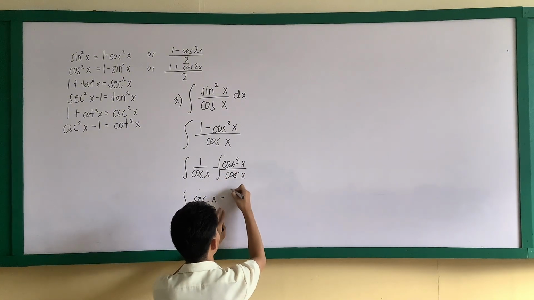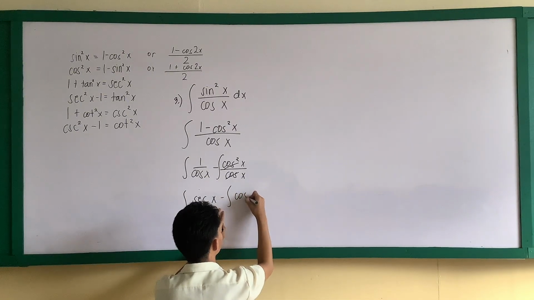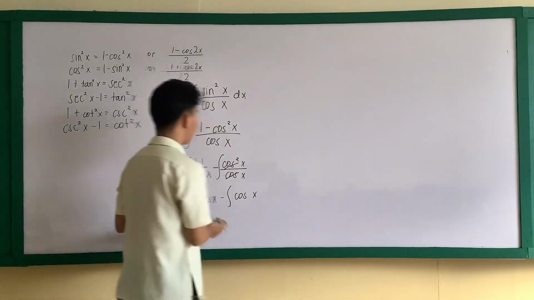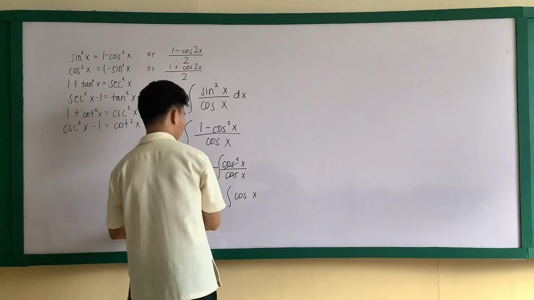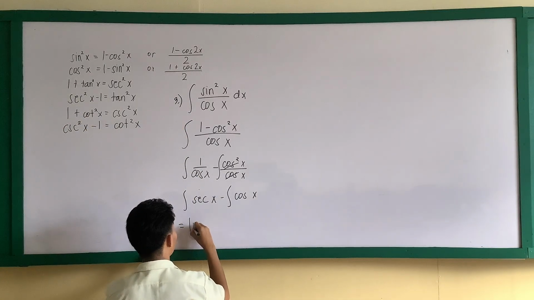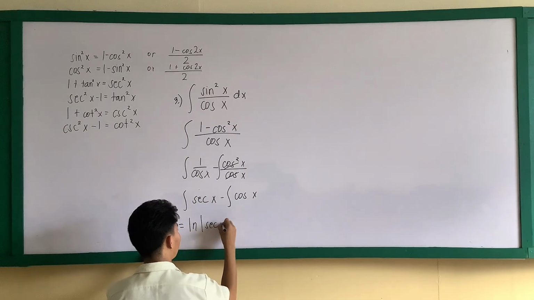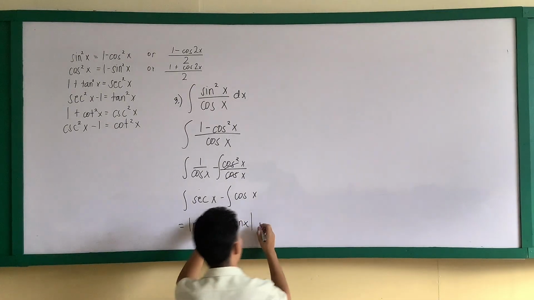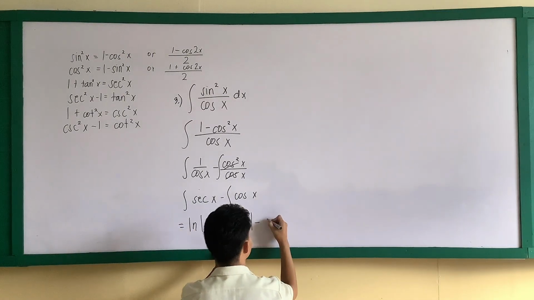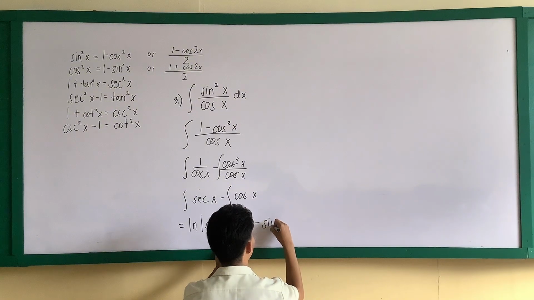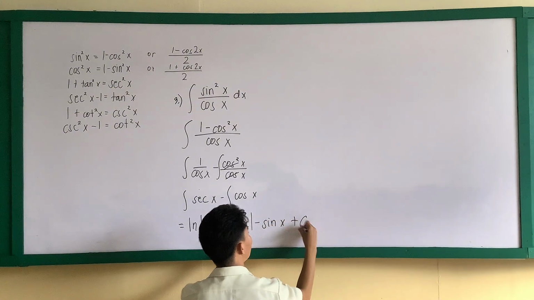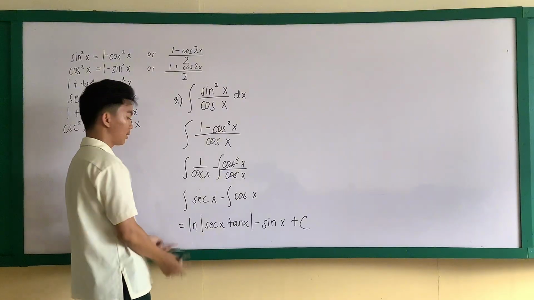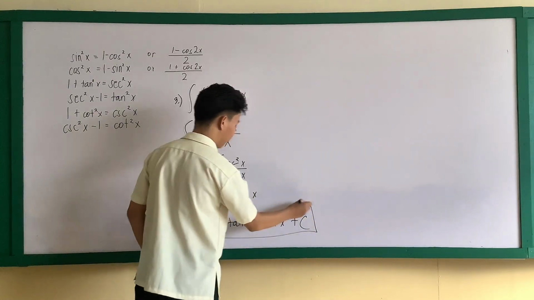So may bibilin pa na isa sa taas na cosine x. So now is integral natin siya. So the integral of secant x is ln secant x plus tan x minus the integral of cosine x is sine x plus c. So here's our final answer.